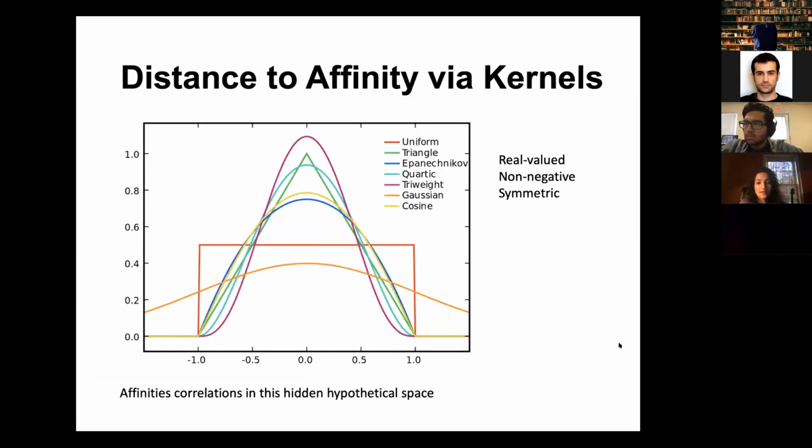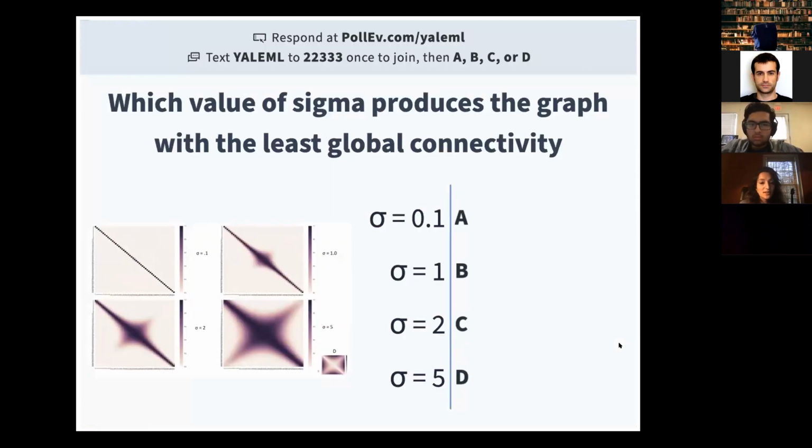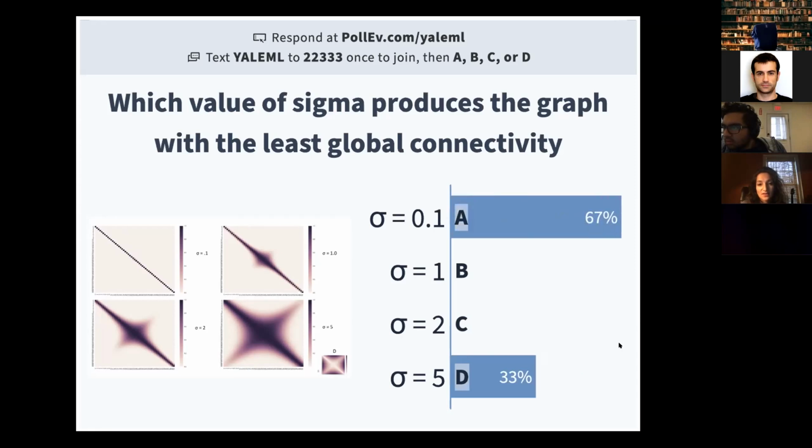Okay, one thing that I mentioned yesterday was this idea that you have the bandwidth parameter, or the sigma from the Gaussian distribution, and this will really determine how much connectivity is produced and what is the range of distances that you're going to connect in your initial affinity graph.